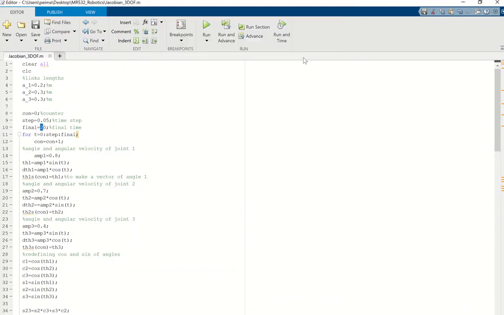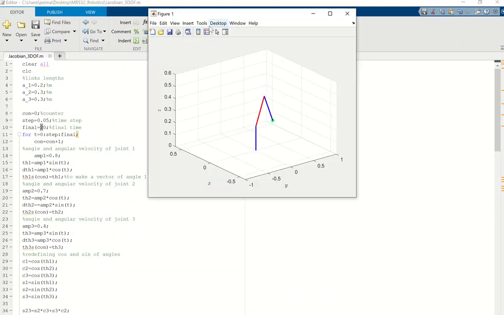So it's 3D. I'm just running this one more time. You can visualize Vx, Vy, Vz of the end effector, and you can see this profile of the translational velocity. Just look at the end effector green point. You can catch it. See that profile? It's very interesting.